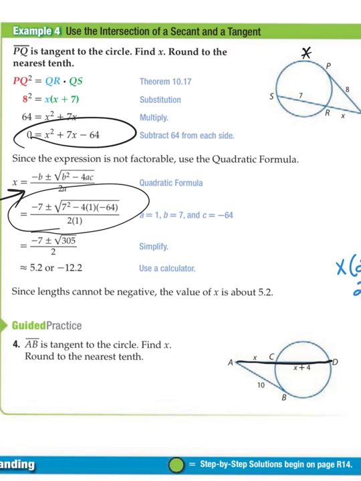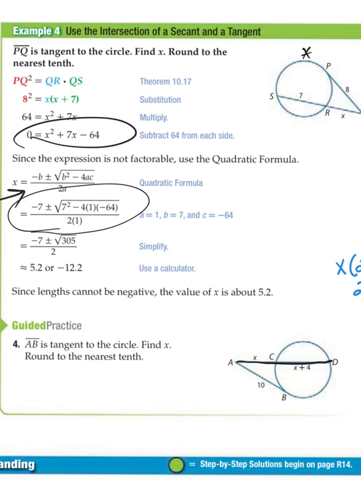When that doesn't factor, then I've got to plug into the quadratic formula: negative b plus or minus the square root of b squared minus 4ac, all over 2a. Negative 2 plus or minus the square root of 204, over 2.